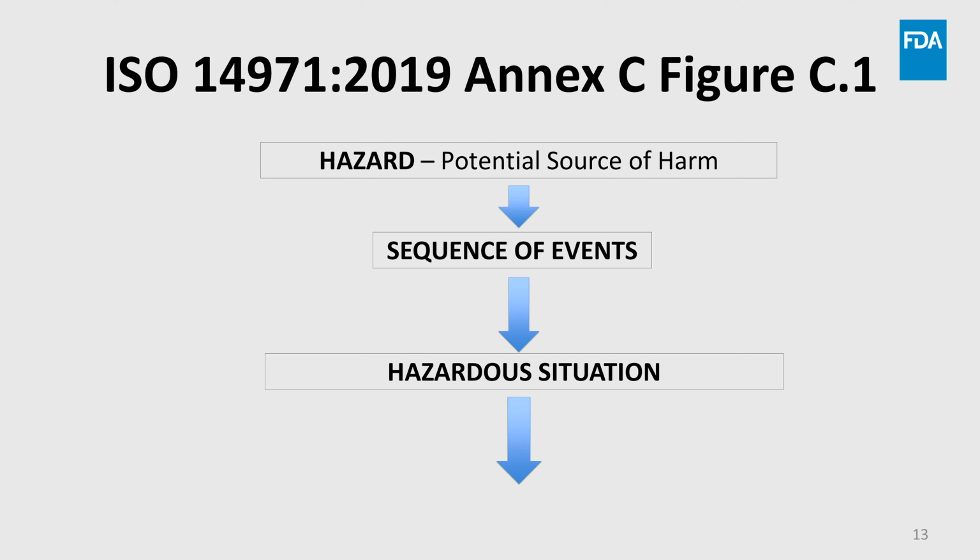We have a hazard that leads through a sequence of events to a hazardous situation. The example I will use is driving a vehicle, specifically a car. Getting into a 2-ton vehicle and going 20 plus miles per hour poses a risk. Let's go through our scenario.